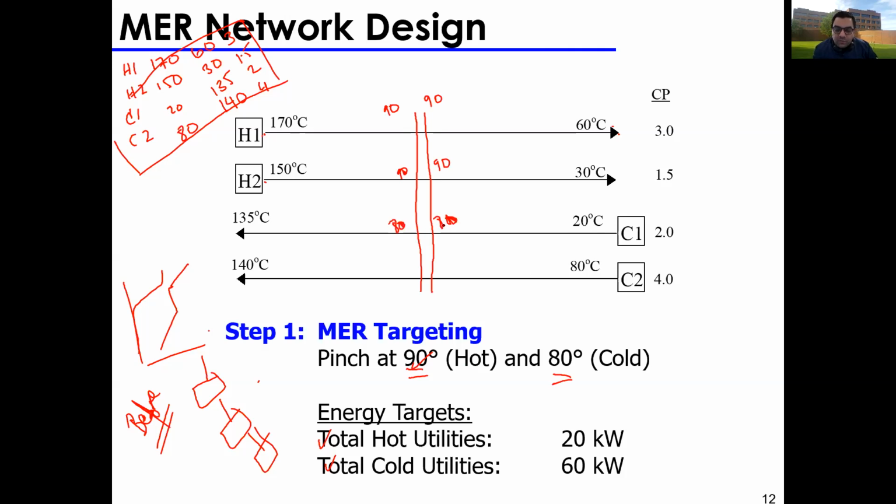You have to be careful because sometimes a stream, say 80 to 140, actually starts here. Sometimes your stream ends here. If it's a hot stream, it might end here, or it doesn't matter. Just draw the two lines for your pinch point and write your temperatures for the hot pinch and the cold pinch.